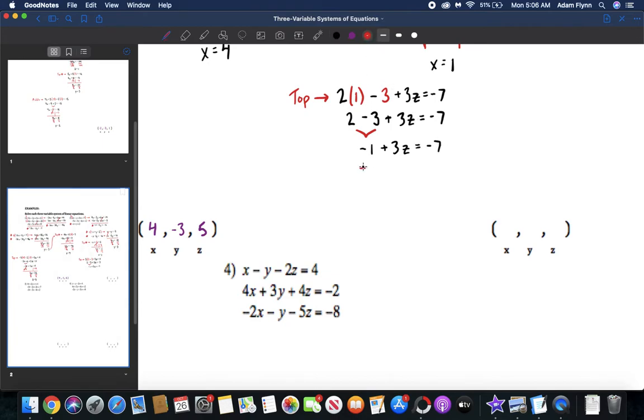I can add 1 to both sides. When I do that, the 1's cancel out, so I get 3z equals -6. Divide both sides by 3. So z is going to equal -2.